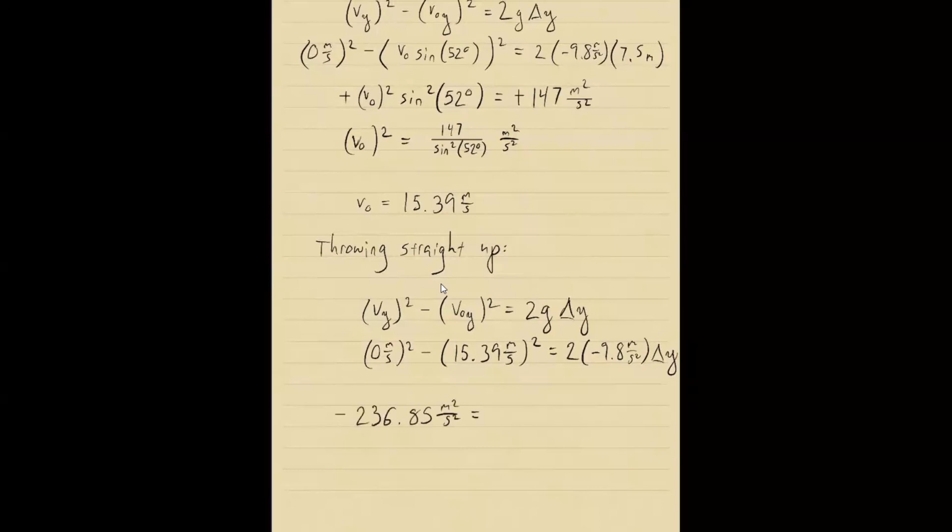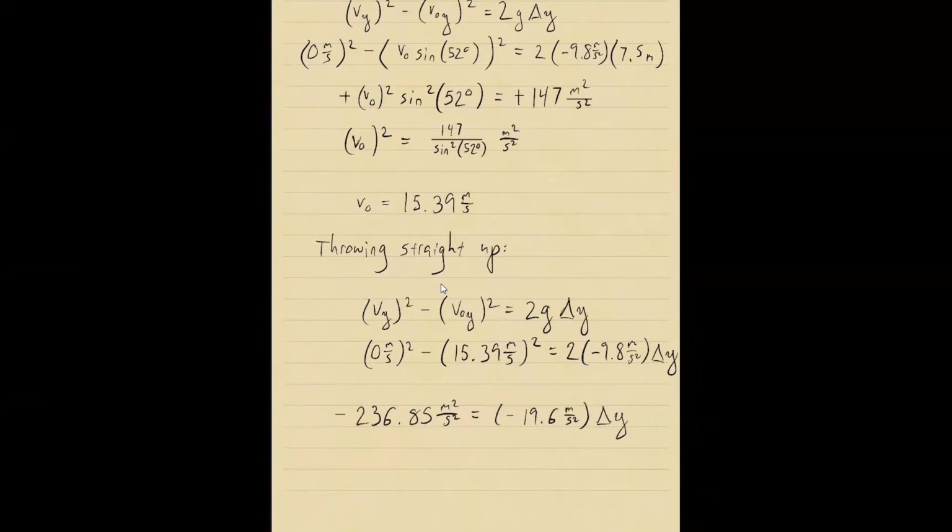On the right-hand side, we have 2 times negative 9.8, which is minus 19.6 meters per second squared, times delta y. Now, if we divide both sides by 19.6, we get delta y by itself, which again is the max height. So delta y, the max height if we were just to throw this straight up, is 12.08 meters.